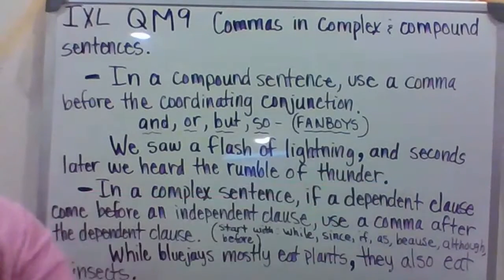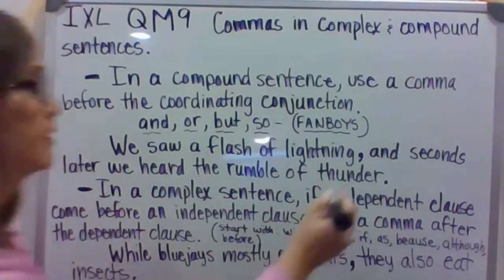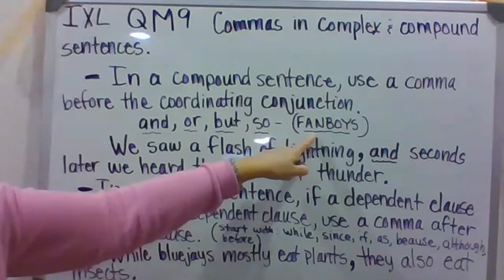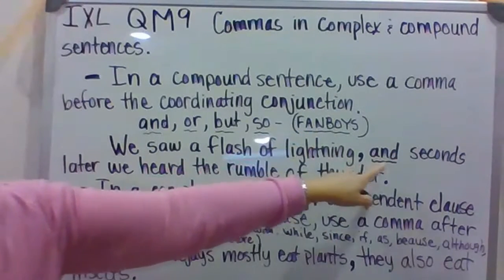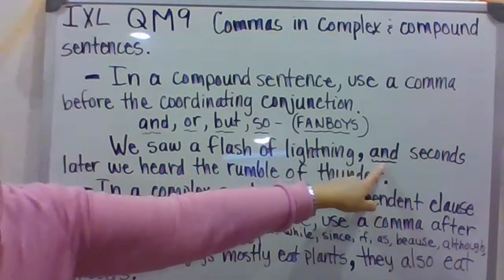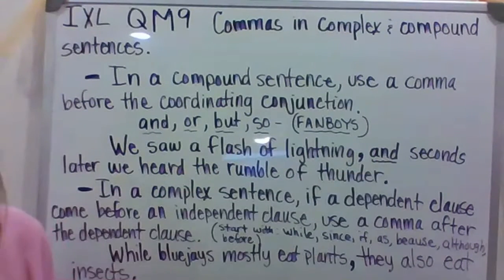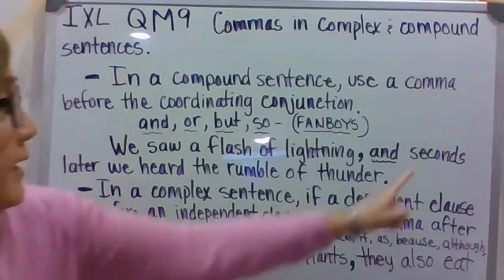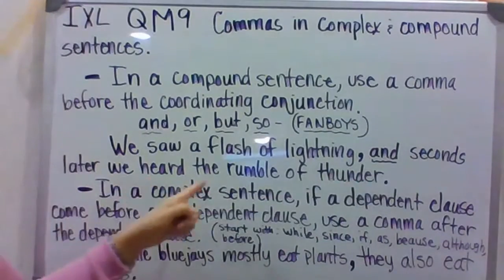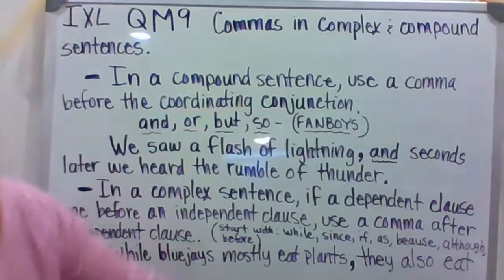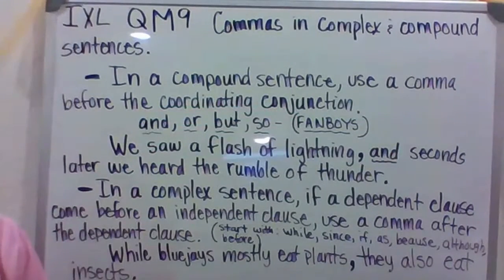What do you notice here? The word and is the FANBOY. And so the rule tells us insert a comma before that FANBOY. Okay, now let's just double check. Is the second part of the sentence still a good complete sentence all by itself? Seconds later, we heard the rumble of thunder. Is that a sentence?